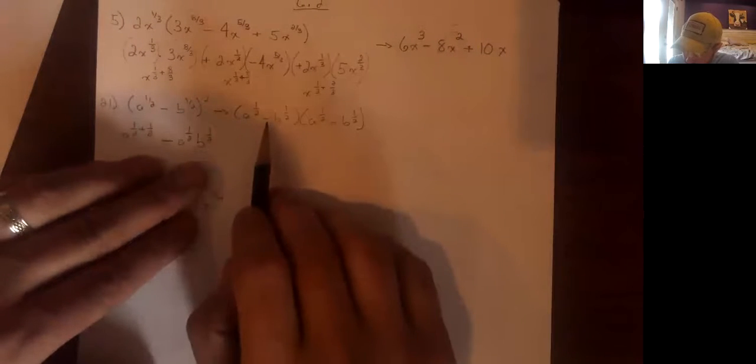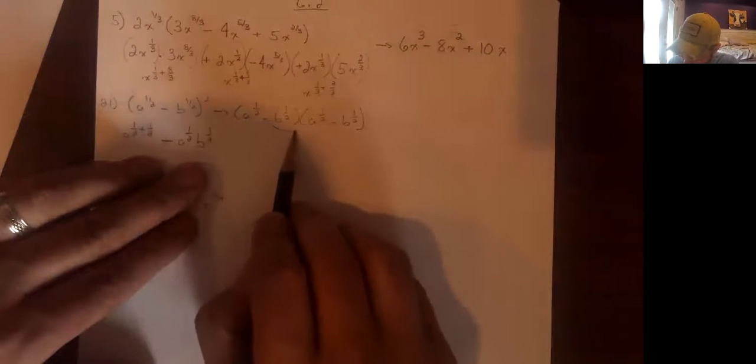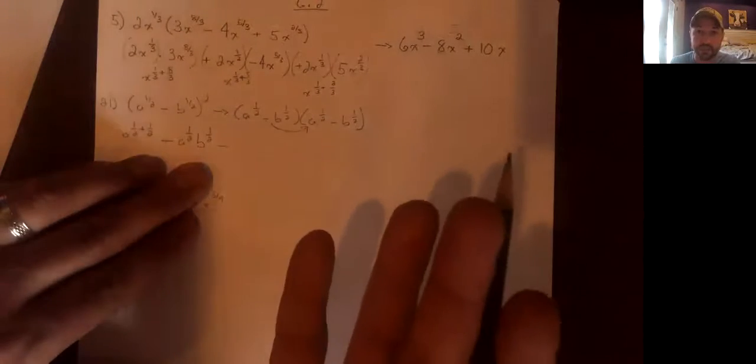And I'm going to have a to the 1/2, b to the 1/2. Then I start here. I have a negative b times a positive a, so I'm going to have another negative. And it's a perfect square, so you know there should be a -2 of something in the middle. So again, I have a to the 1/2, b to the 1/2.